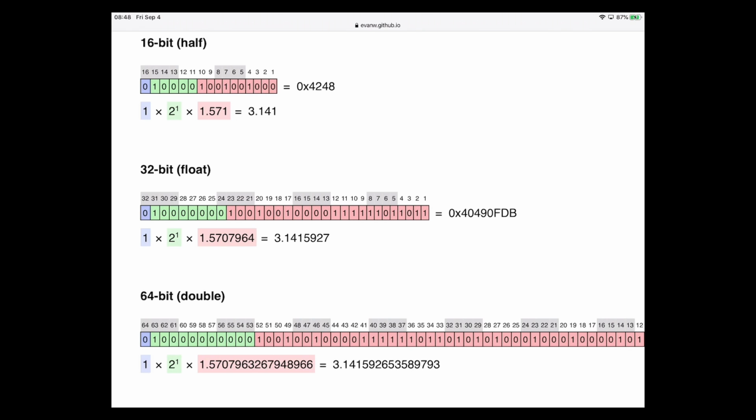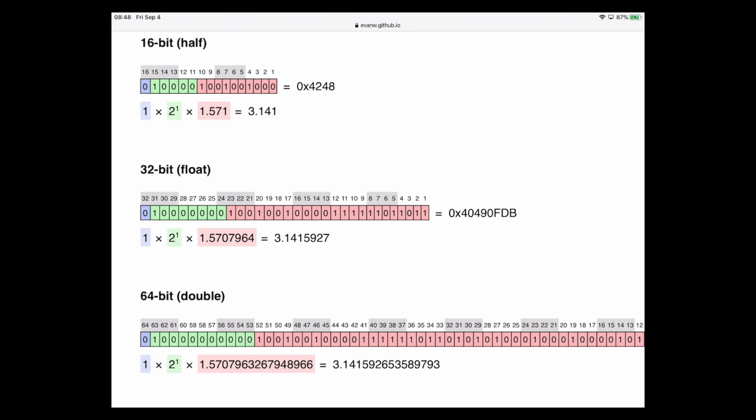But what do you notice about the 16, 32, and 64-bit representations of pi, when it gets decoded back to base 10? On the 32-bit, it rounds off at some point, right? So we got 3.1415927 in 32 bits, whereas in 64 bits, that really should be 265 and then a bunch of stuff.